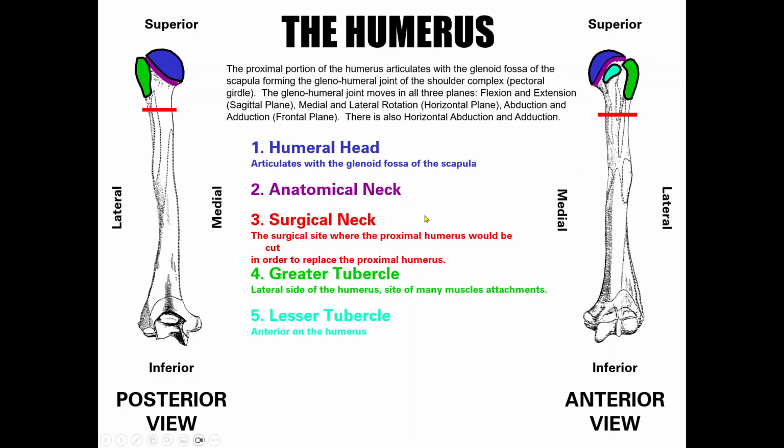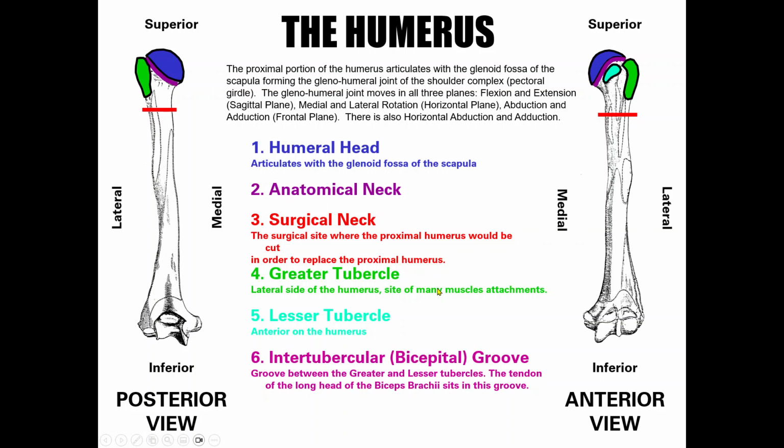And then we also have the lesser tubercle, and you can feel the lesser tubercle on the anterior view. In between the greater and the lesser tubercle, we have the intertubercular groove, or sometimes called the bicipital groove. And that's where the biceps brachii long head tendon travels.